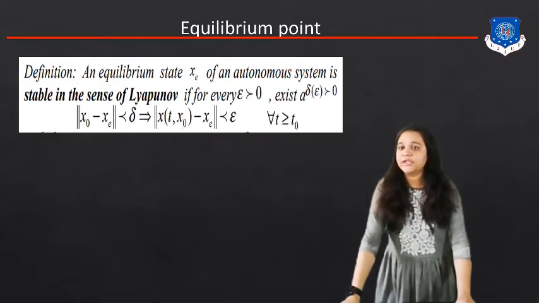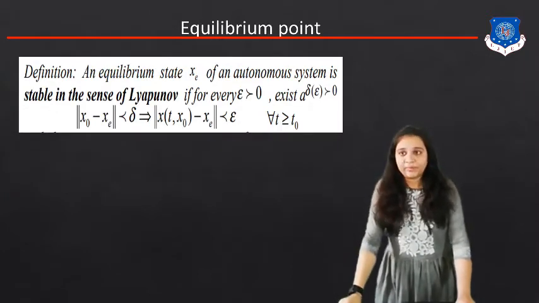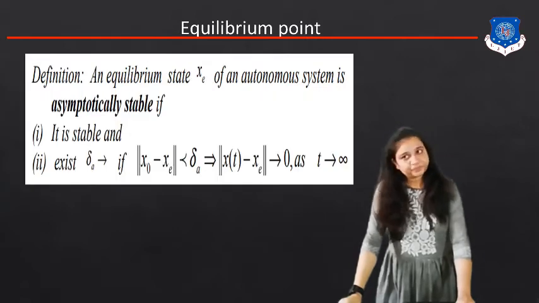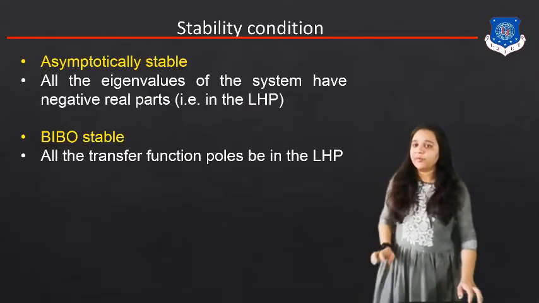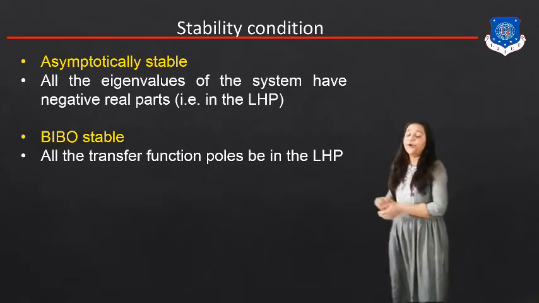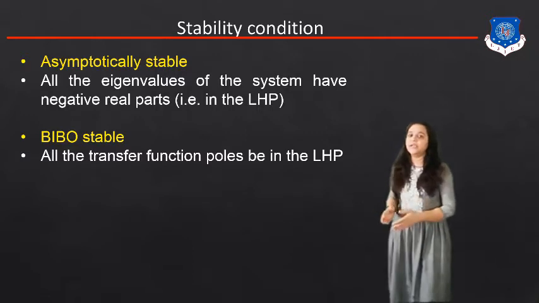So the first condition is for stable, and this is the condition for asymptotically stable. Okay, now in the asymptotically stable case, as you know, the eigenvalues of the system have a negative real part.